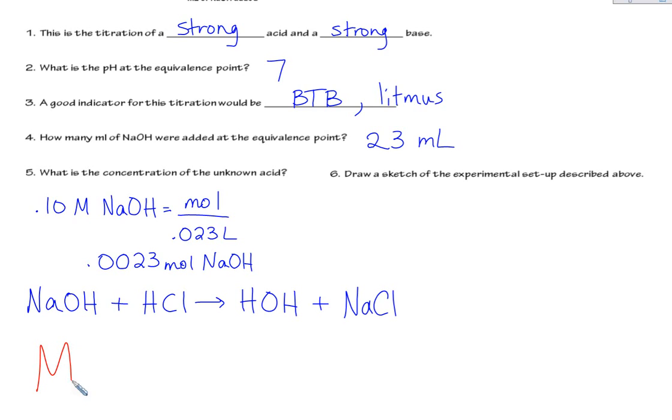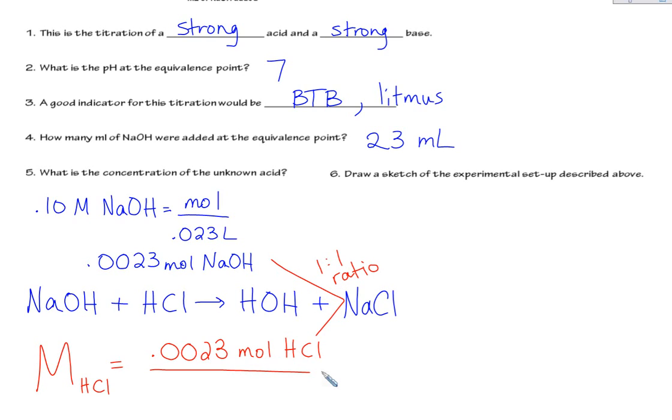So now let's say we want to figure out the molarity of the unknown hydrochloric acid. Because it's a 1-to-1 ratio, I've got 0.0023 moles of HCl, from the balanced equation. And then you'll always know how much acid you started with. That will just be something that we measure in the lab.